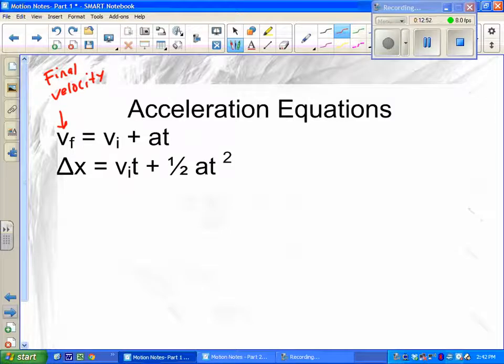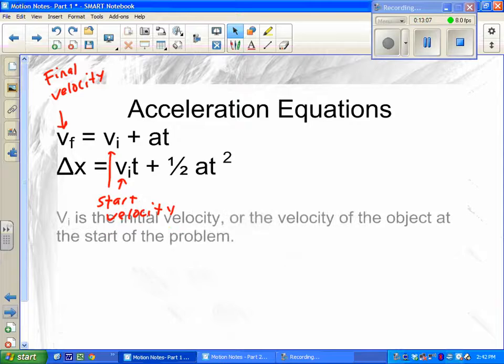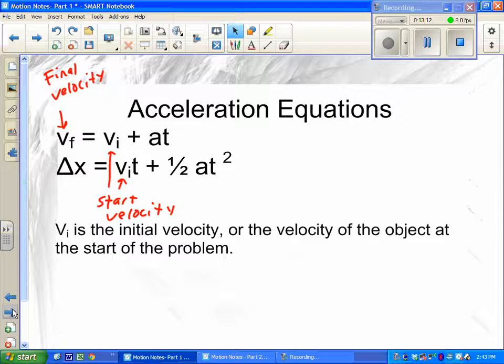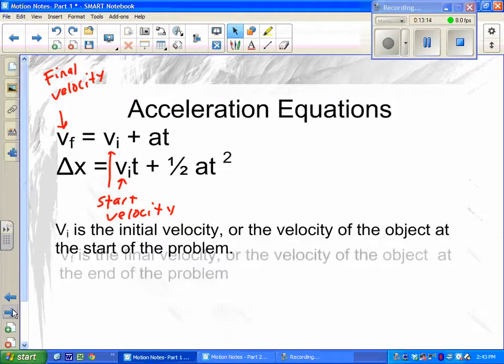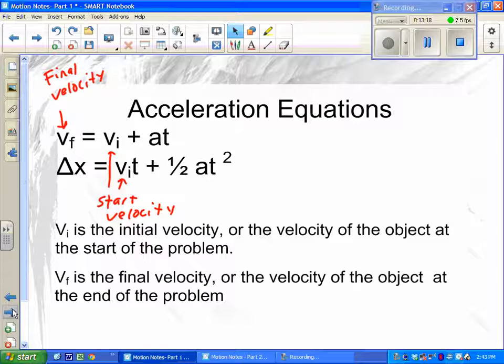Vi is our initial or our start velocity, and that is there and there. And so we need to keep that in mind. Vi is the initial velocity, or the velocity of the object at the start. And Vf is the final velocity, or the velocity of the object at the end.